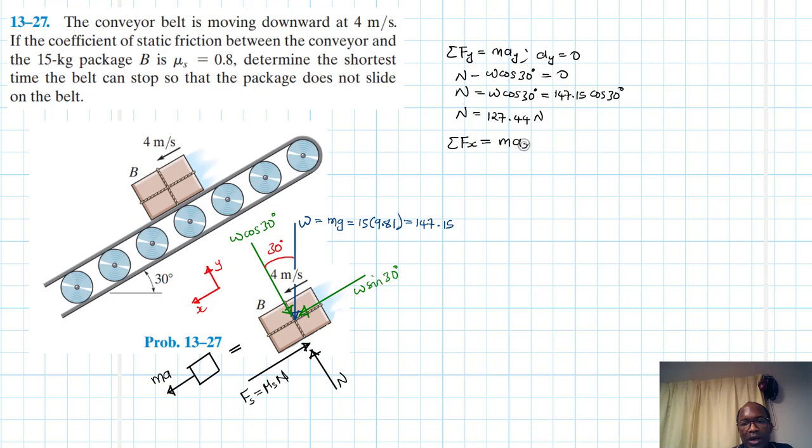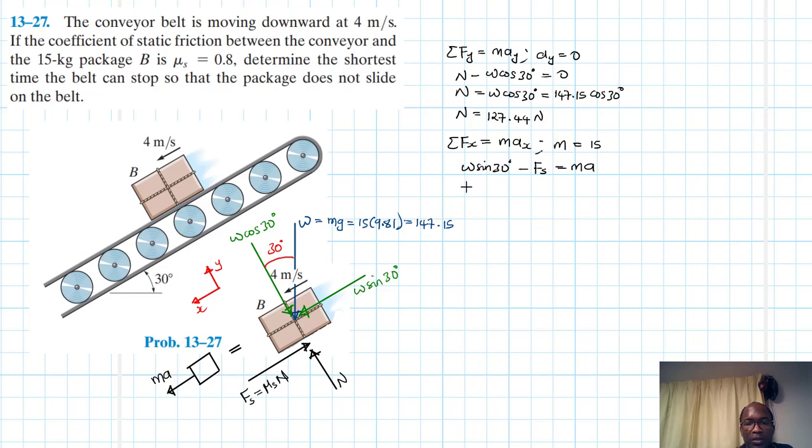In the x, we know our m is equal to 15 kg. Then what do we have? We have W sine 30, that's our direction, which shows as our positive, minus Fs equal to ma.